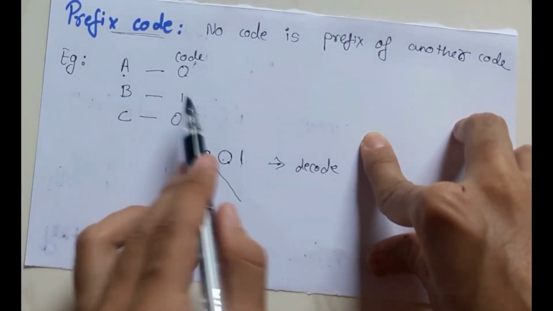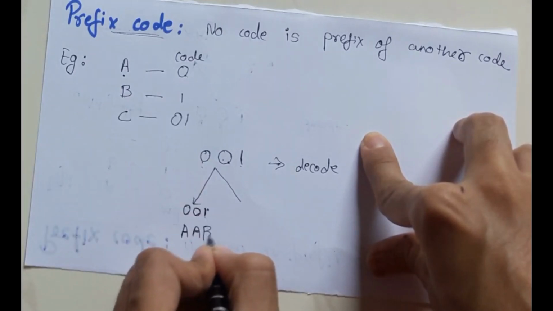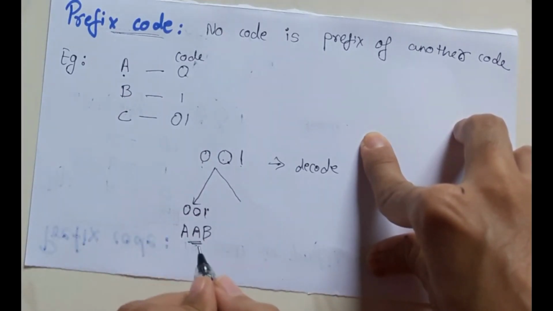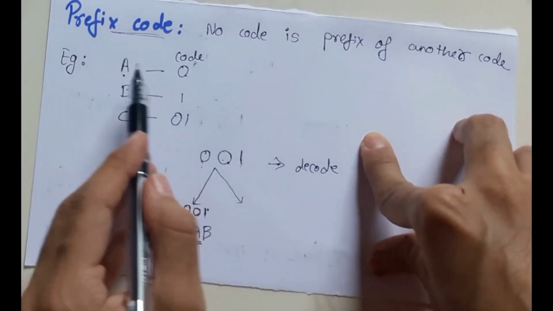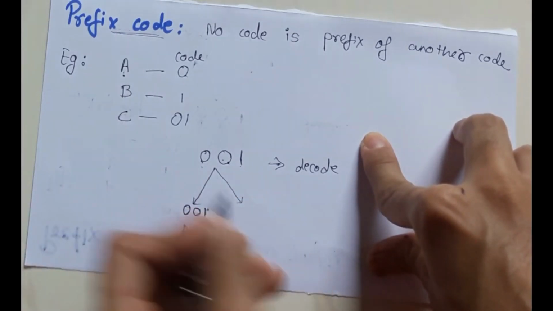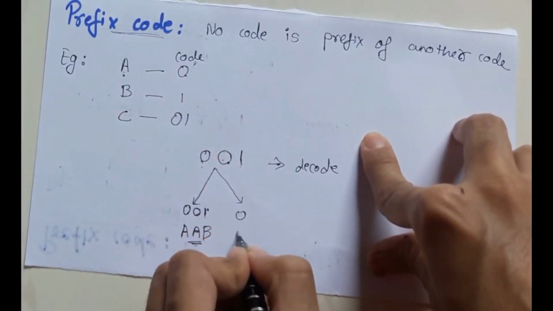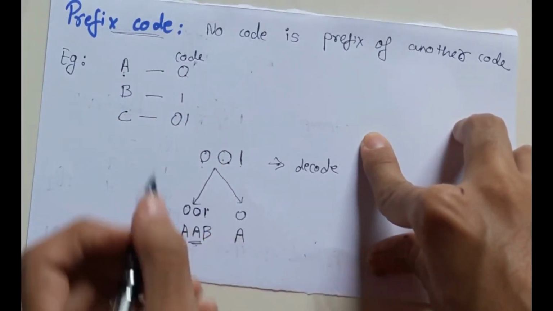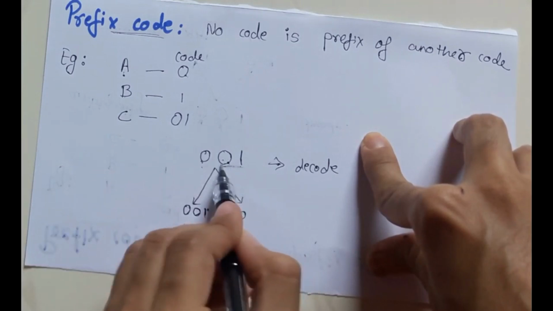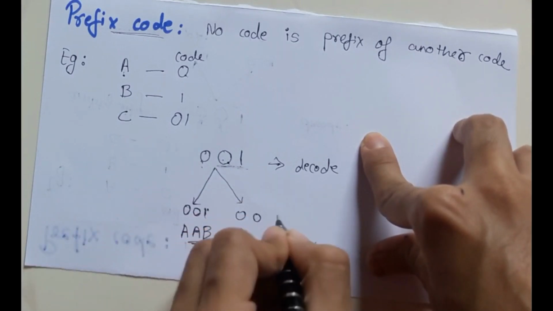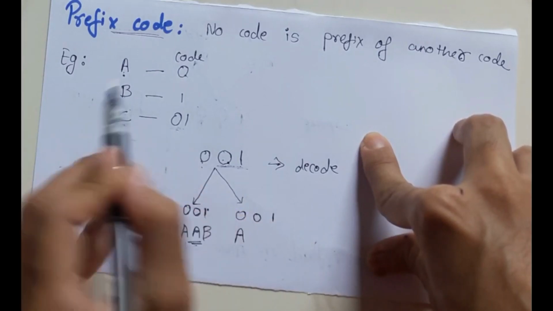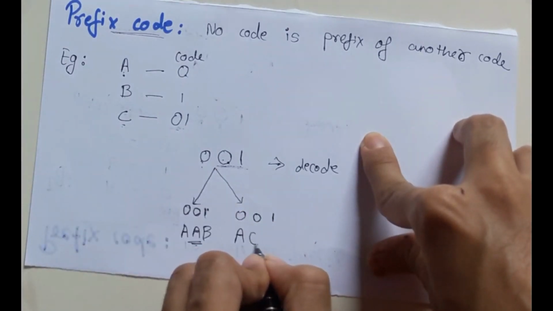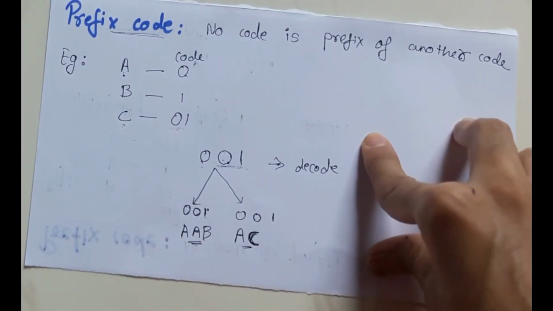And the character with code 1 is B. So this is one solution. Now another solution. First bit 0. Code of A is 0. So A. Then together 0, 1. The character with code 01 is C. So here there will be C, right? So this is another way.